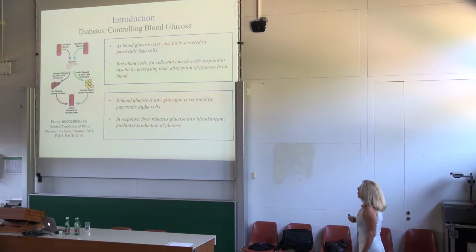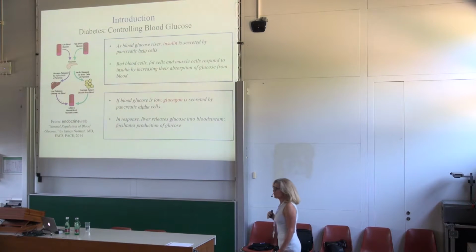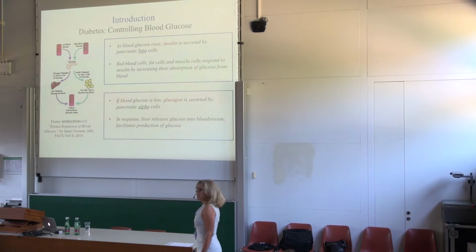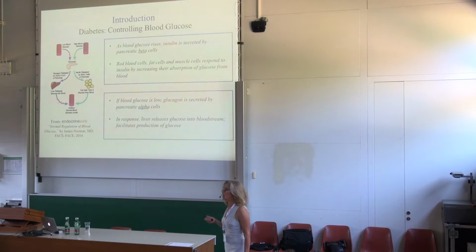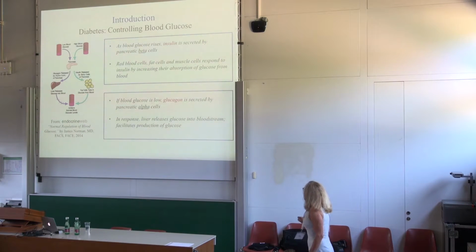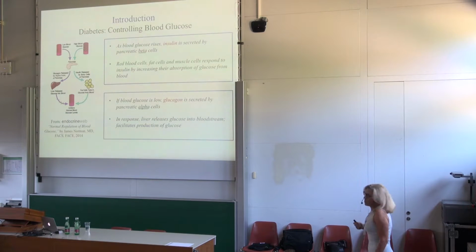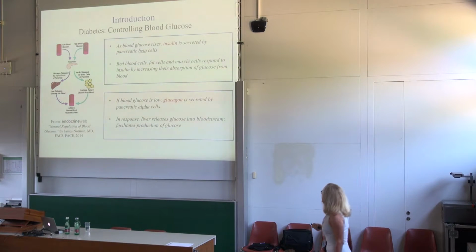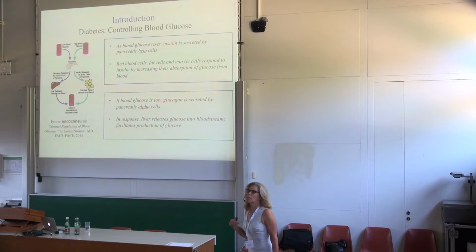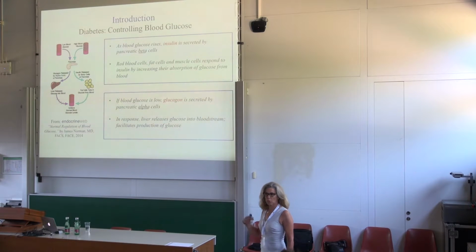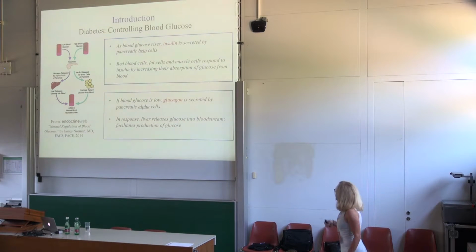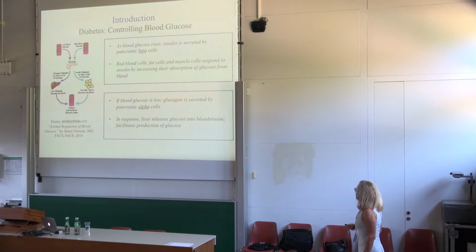On the other hand, if your blood glucose is low, your blood sugar is low, then the pancreas secretes something called glucagon. And that hormone, these are both pancreatic hormones, tells your liver to release more glucose, more sugar, into your bloodstream to return your blood glucose levels to normal.